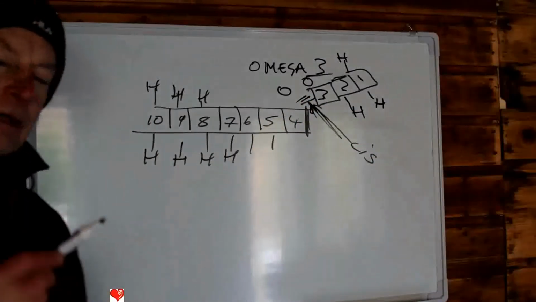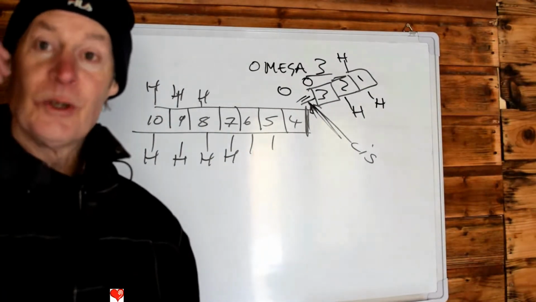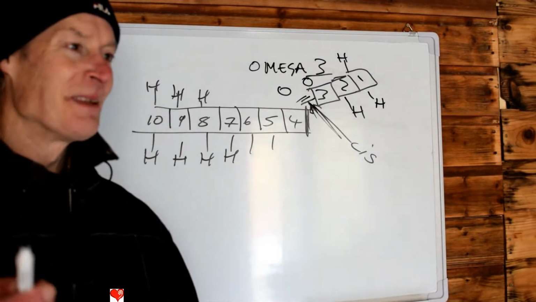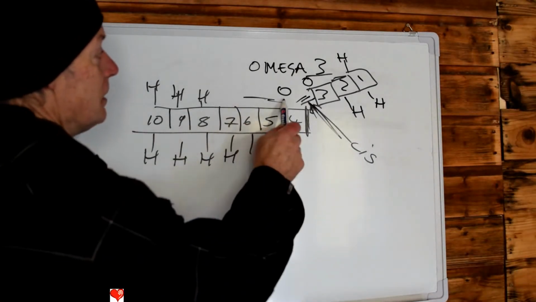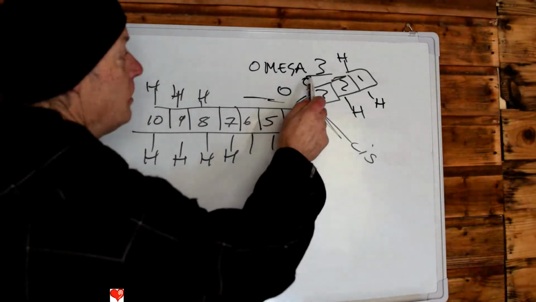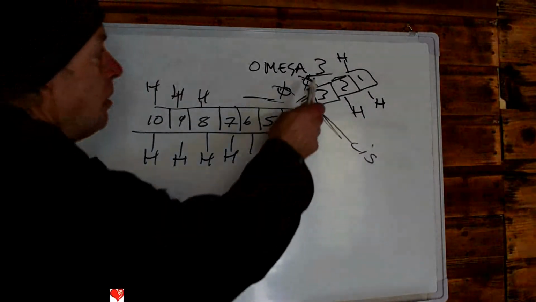So either side of that CIS bond, on the same side, that's important, on the same side, I hope you're still with me, on the same side, this side, the two hydrogens are missing. So it becomes an omega-3.